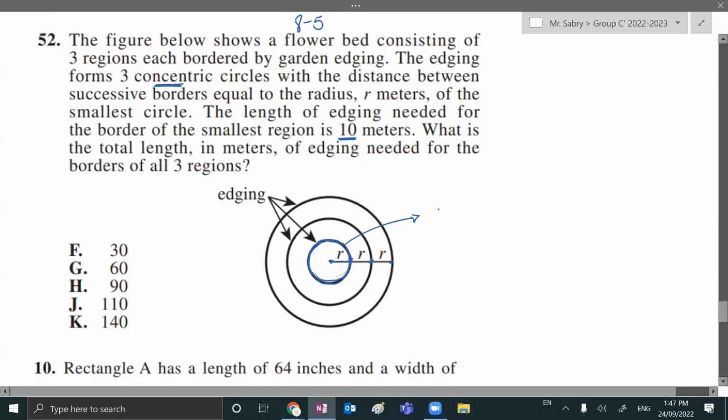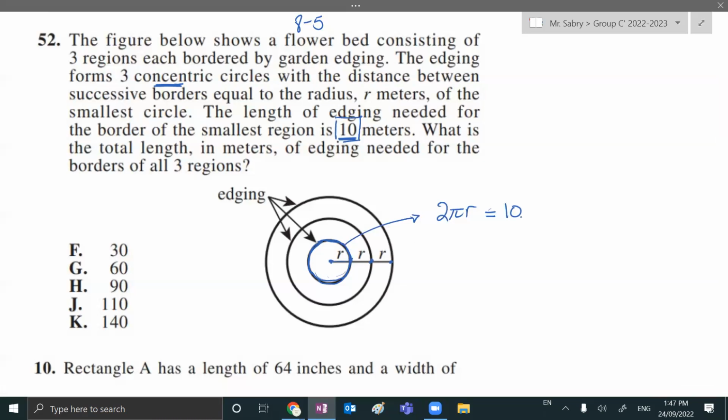What's the circumference of a circle? What's the rule? 2 pi r. They said that the edging is equal to 10 meters. So 2 pi r is actually equal to 10 meters. Does that make sense to everyone? Does everyone understand why I did this? Is that clear to everyone or not?